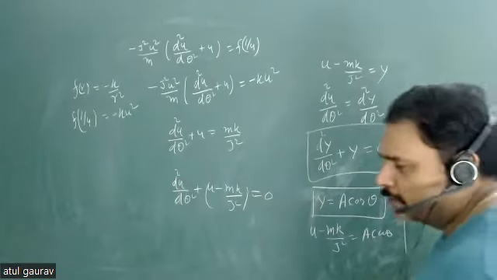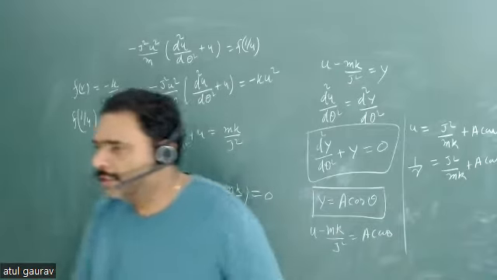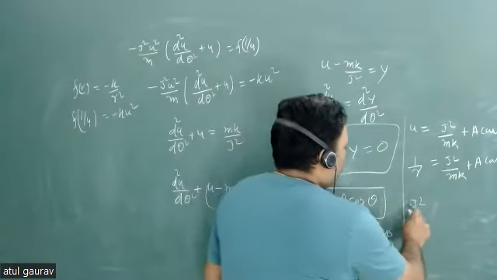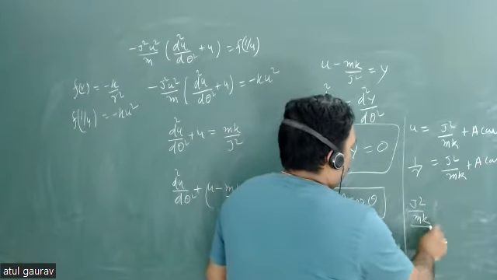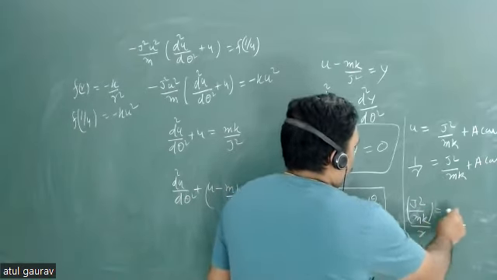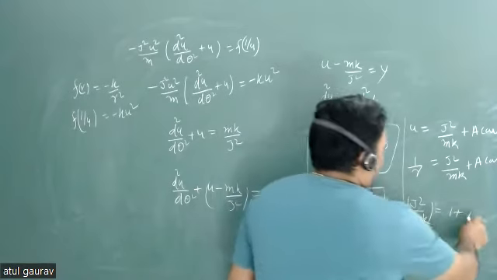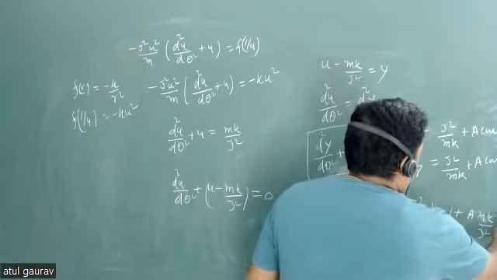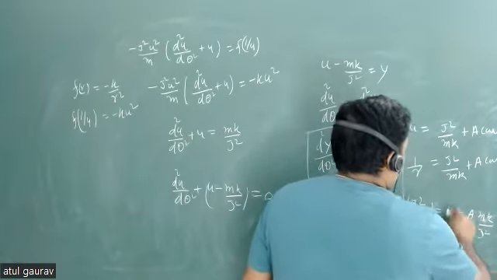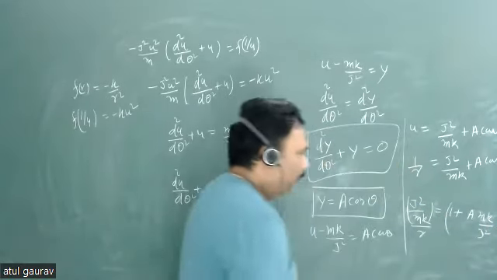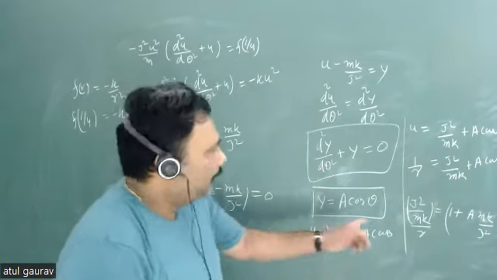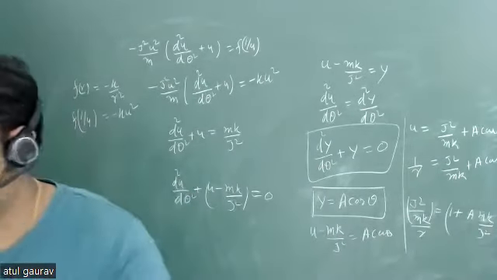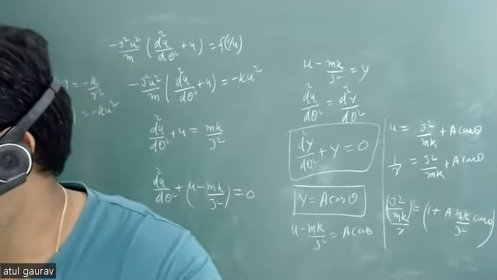You can take mk upon j square common and take it to the right hand side. So what you will get? j square upon mk by r must be equal to 1 plus a j square upon mk cos theta.